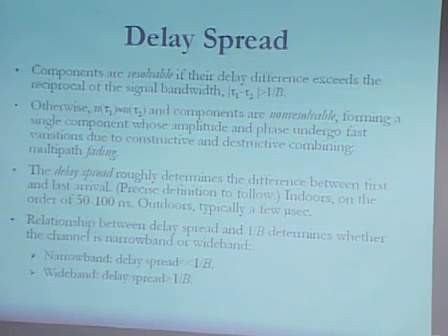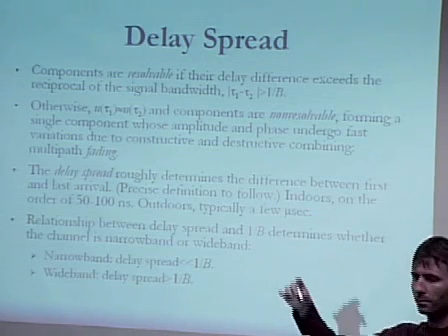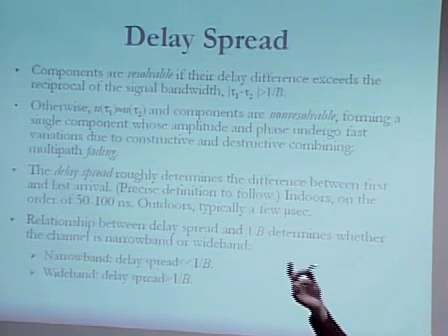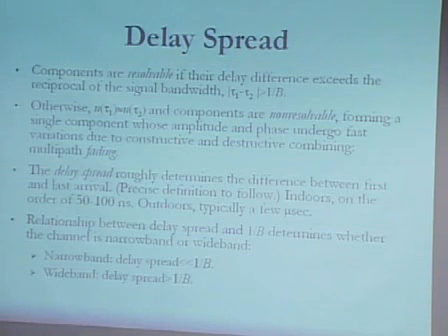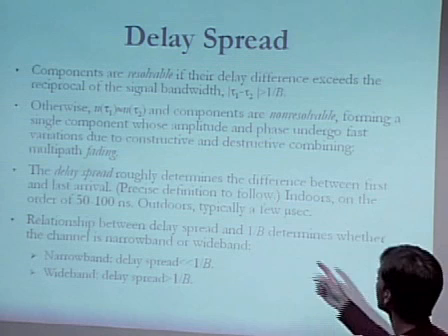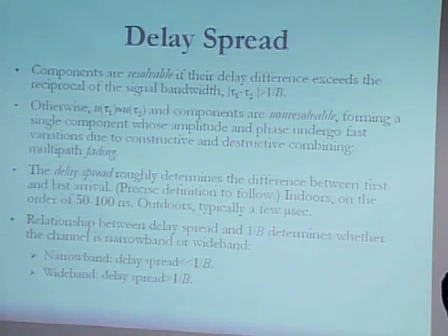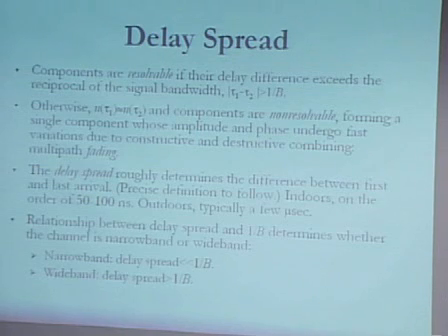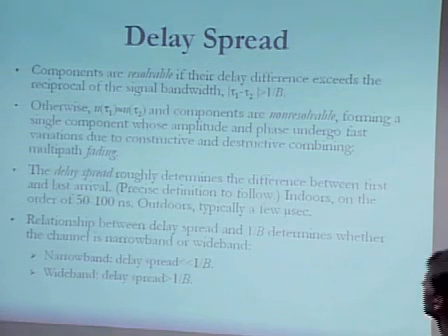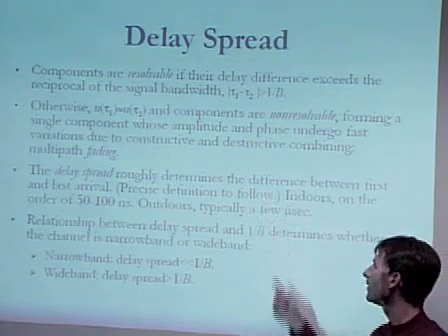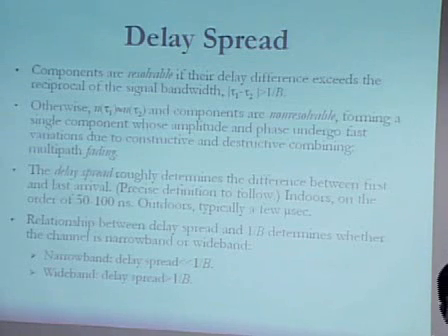Outdoors, the reflections will take place in buildings or maybe small hills or all sorts of objects that are farther away. And so the delays are going to be larger. The delay spread in a city will be typically on the order of a microsecond. In a suburban or rural area it will be maybe 5 to 10 microseconds. Okay?